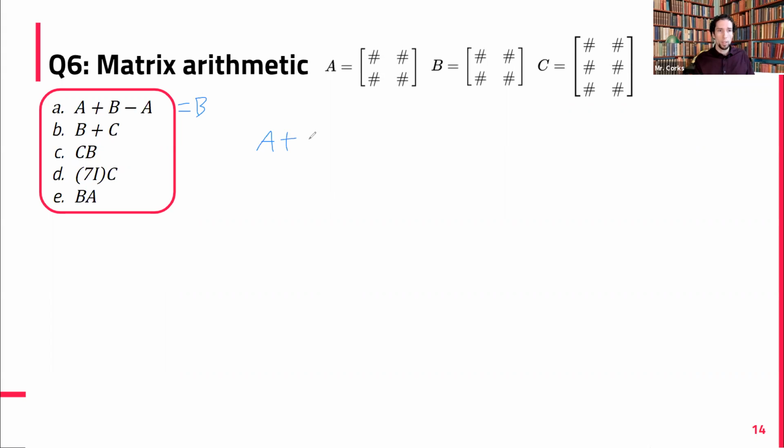So A plus B minus A is equal to A minus A plus B. A minus A would just be a null matrix plus B, therefore B.